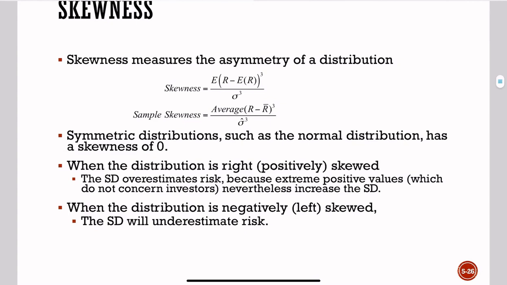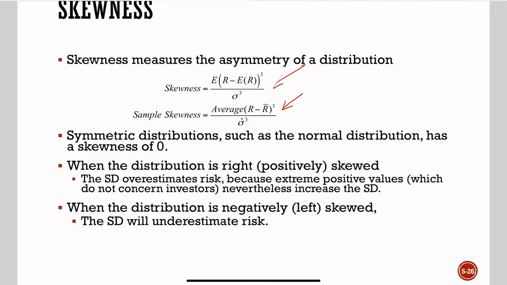Well, I don't think I will ask you to actually calculate these two numbers, but you have to understand what these numbers are for. Obviously, these numbers are for measuring the asymmetry of a probability distribution or the asymmetry of realized returns.